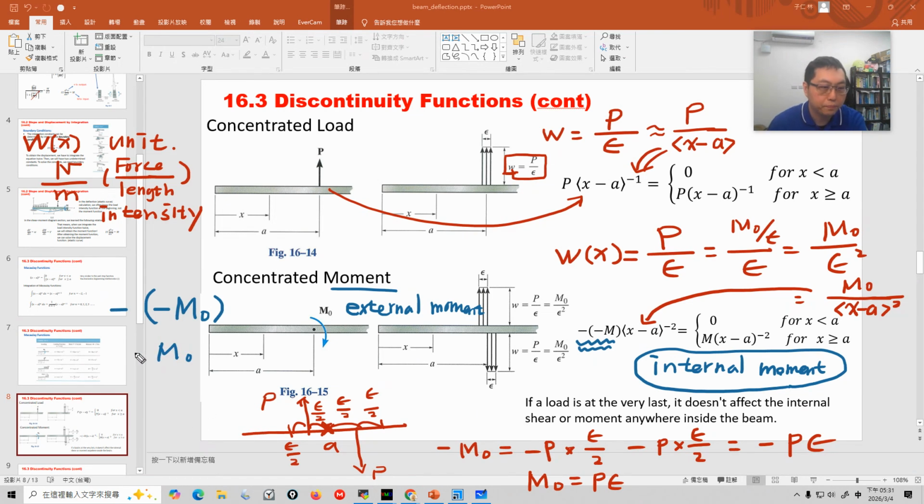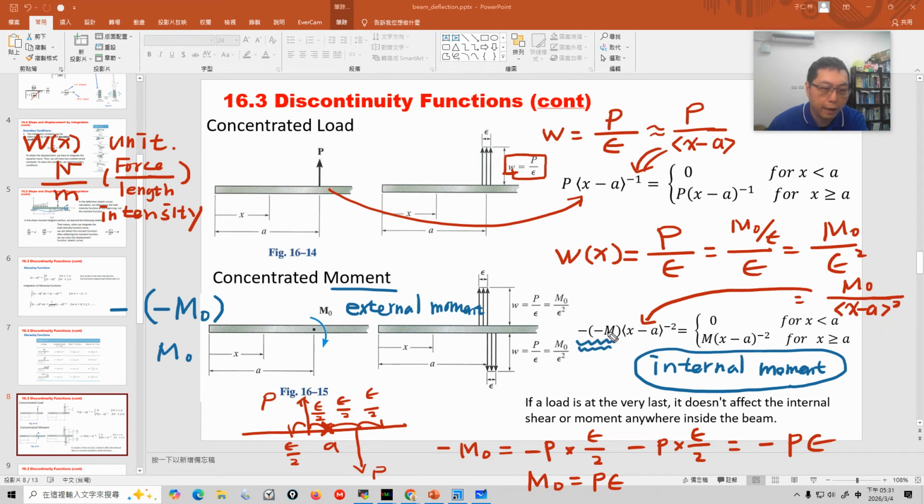So be careful: the moment we need is an internal moment. That's why there's a minus sign in front of this m.